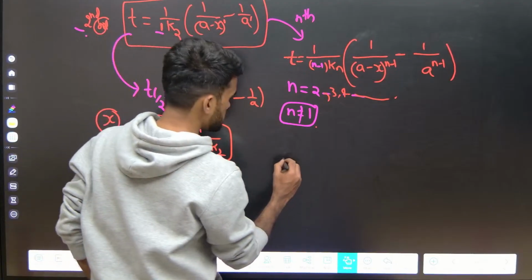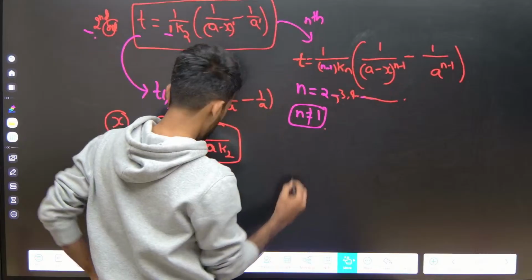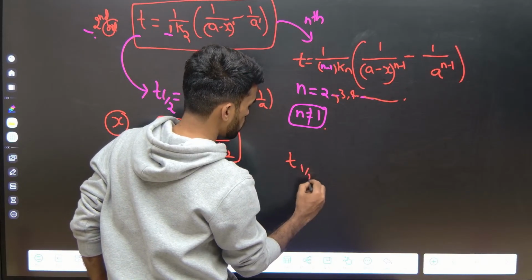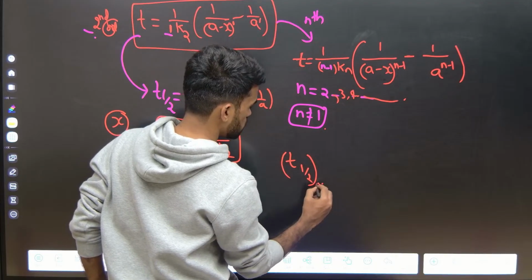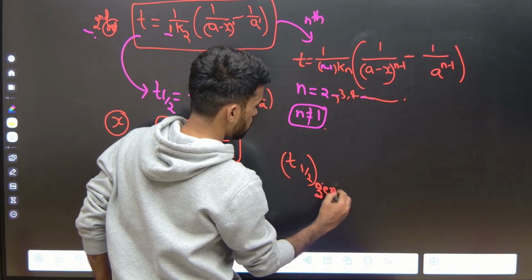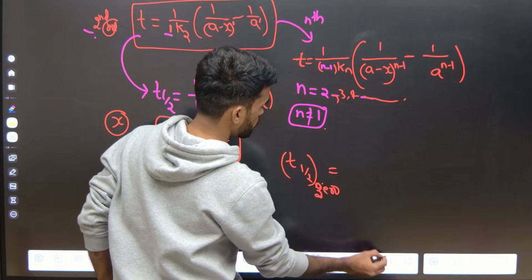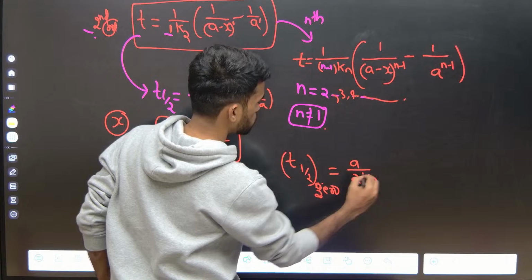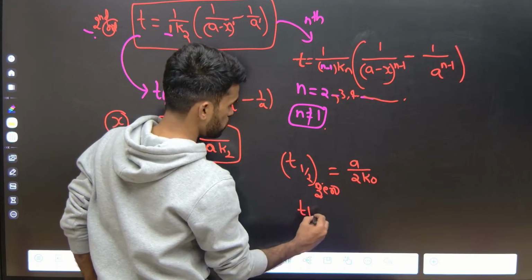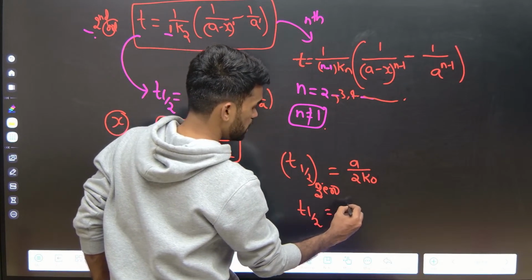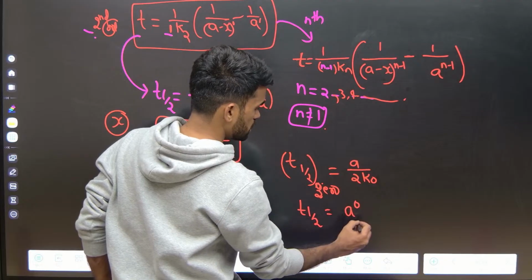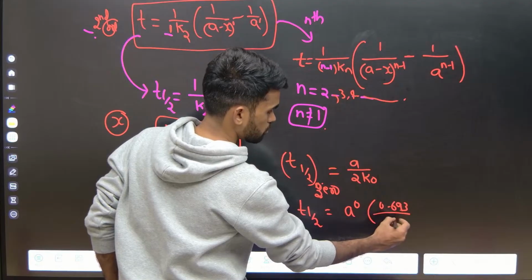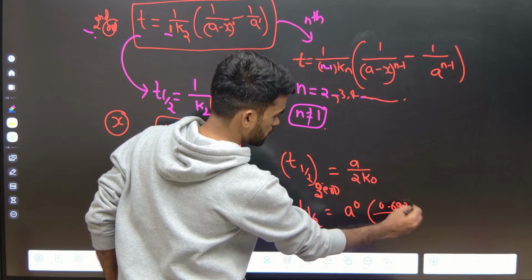See, for zero order reaction, t half you got as A by 2K naught. For first order you got it as independent, A power 0, like 0.693 by K1.